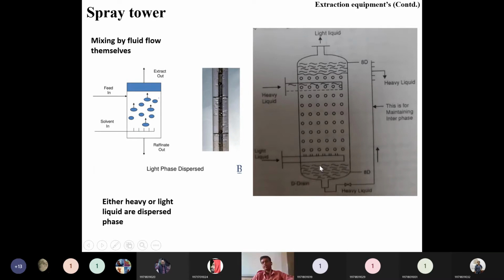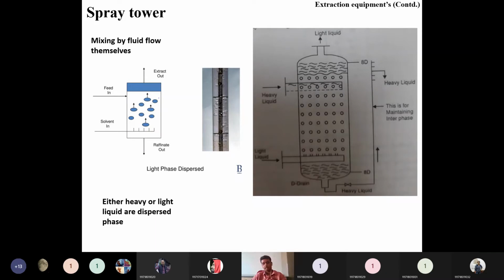Then in the other arrangement, if you want the light liquid to be your dispersed phase, you will arrange the sprinkler here. Through this sprinkler, the light liquid will form bubbles and the heavy liquid will be falling as the continuous phase, continuously falling like this. So the intimate contact between the two phases here comes only from the fluid flow.